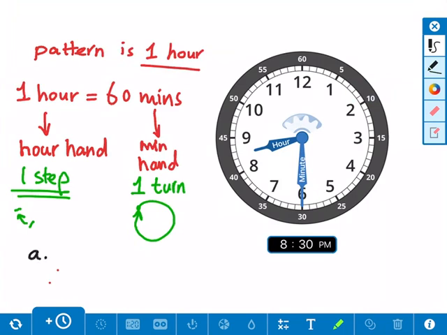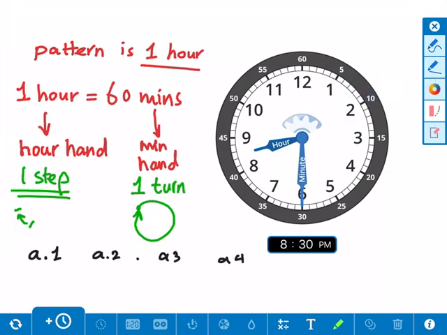Activity, I will put A for activity. Activity 1, activity 2, activity 3, activity 4, and activity 5. I don't know, you want 5 or 4? We want only 4. So let me delete.